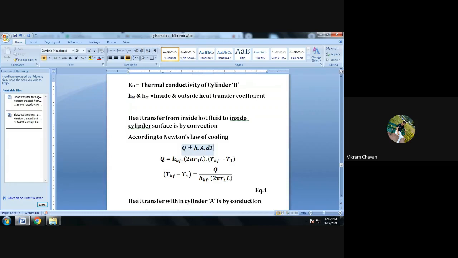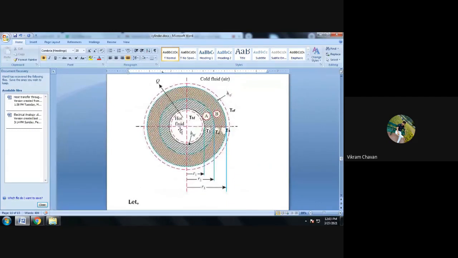According to our nomenclature for this particular derivation, we can write Q is equal to the hot fluid heat transfer coefficient H suffix HF multiplied by the surface area available for the heat transfer, 2 pi R1 L, the internal surface area. Let us consider this diagram.